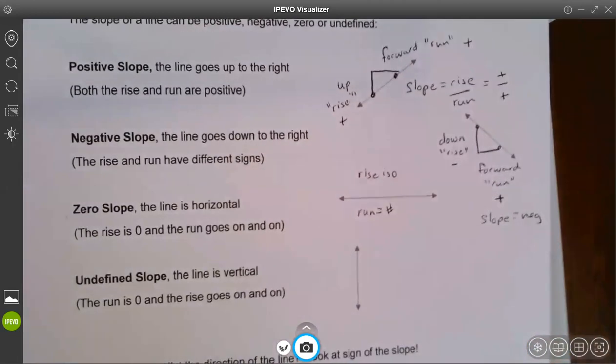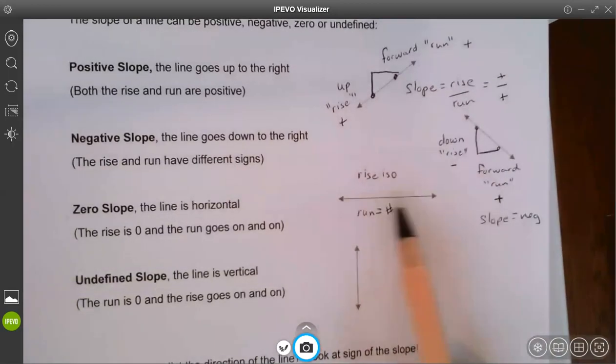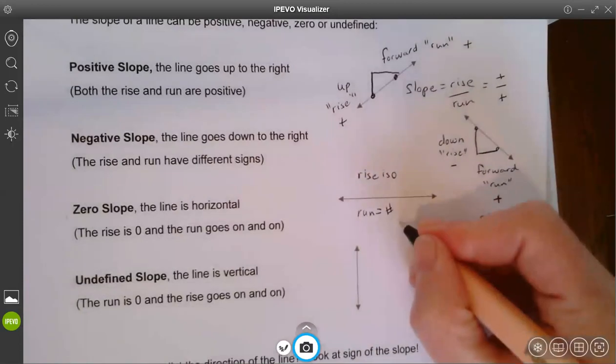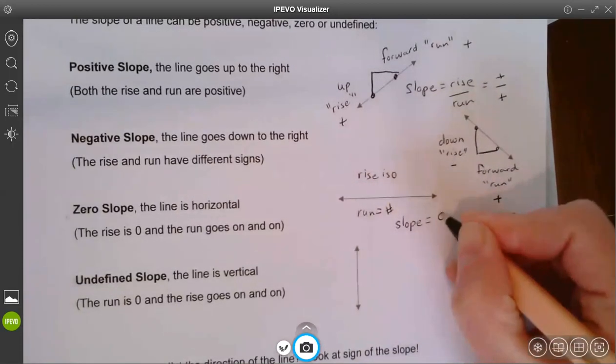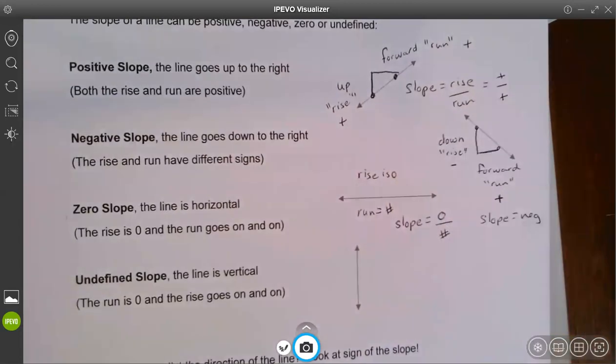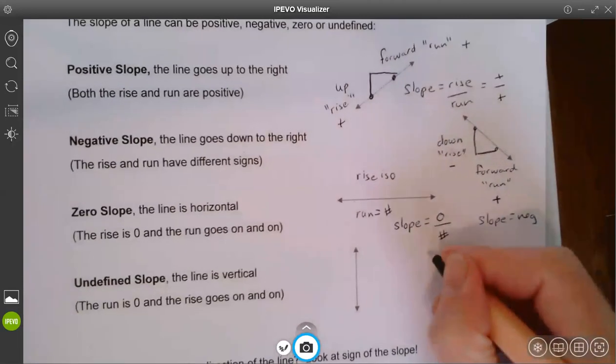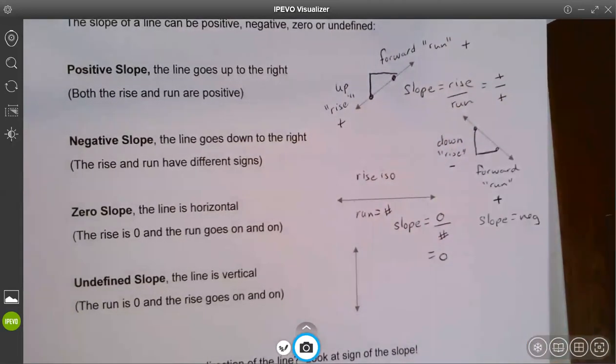We can't actually define how long the run is because this line is infinite. So when we put in the slope formula, we get the rise is zero over any number, whatever we choose it to be. You go to your calculator and input that and you get the number zero. So if the slope is zero, you have to have a horizontal line.